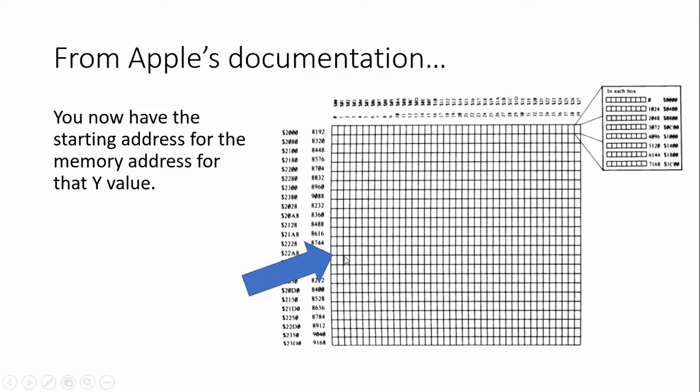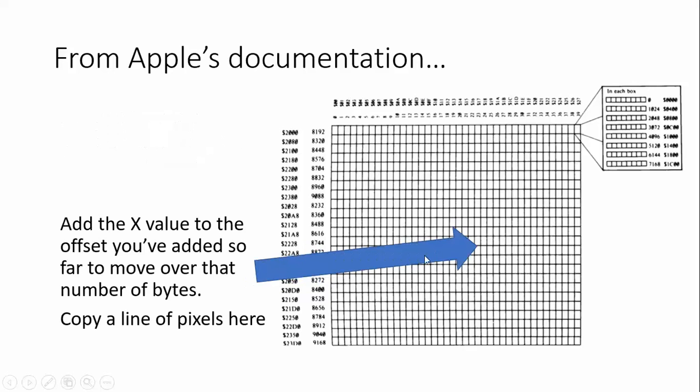And then to get the column, we just add our x value to it. So maybe our x is 21 or something bytes over. Then we just add 21 to the address that we computed, and now we've jumped 21 bytes over. Now we know where to copy that line of pixels onto the screen. So it's a double lookup. It's like, okay, we know what our box is.